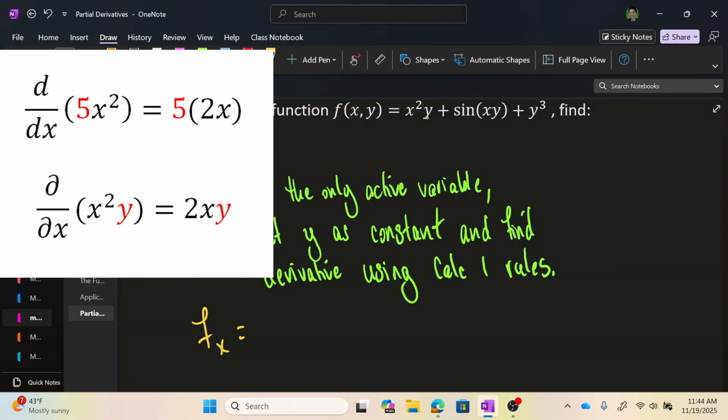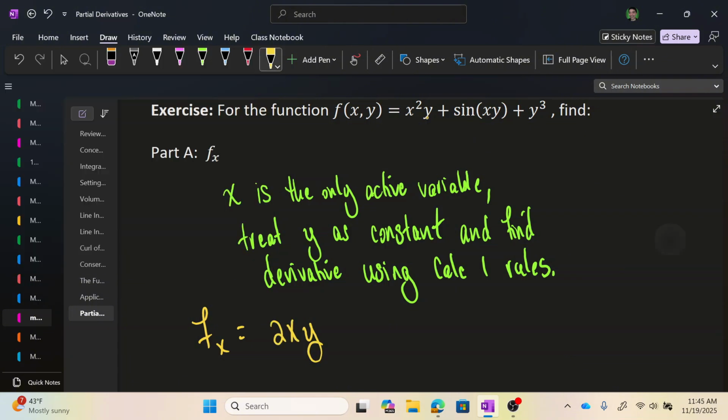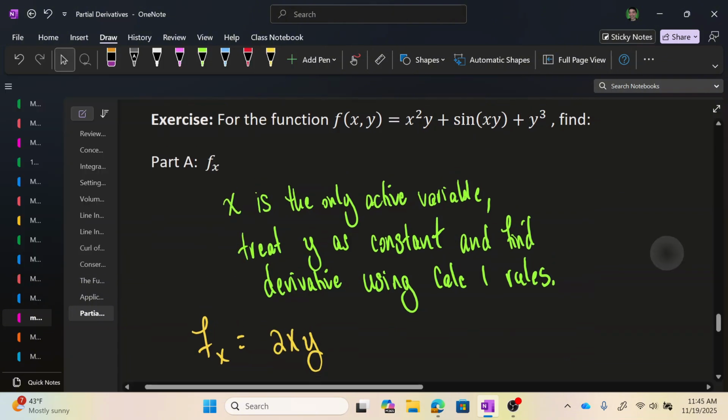So I would calculate the derivative of y times x squared the same way I would calculate the derivative of 5 times x squared. I would copy paste the constant multiple, and then I would take the derivative of the x portion using power rule.